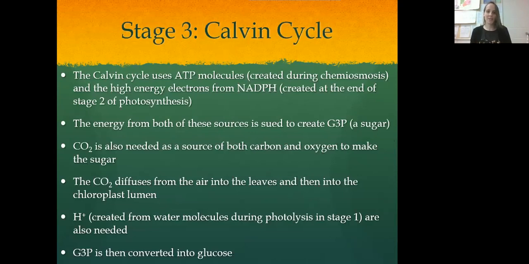So the Calvin cycle uses the ATP that we made during chemiosmosis. It uses the NADPH that we got from the end of the electron transport chain. And it's going to create G3P, which is the name of a sugar. The G3P is then just converted into glucose. Carbon dioxide is also needed for this, as is water molecules.